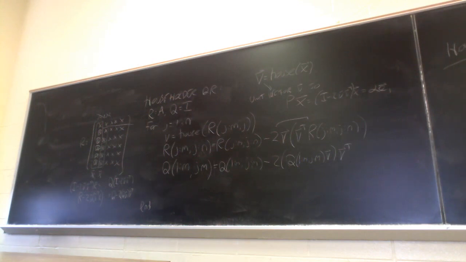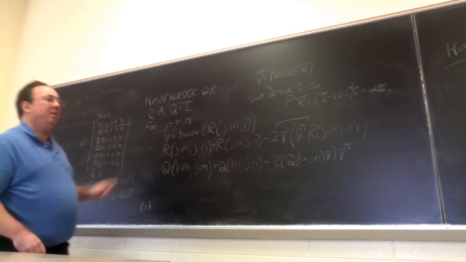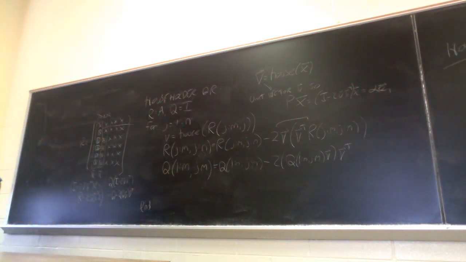All right, so any questions about the householder QR algorithm? And I have code for this on the site. There's a house.m function and a house QR function that implements this.